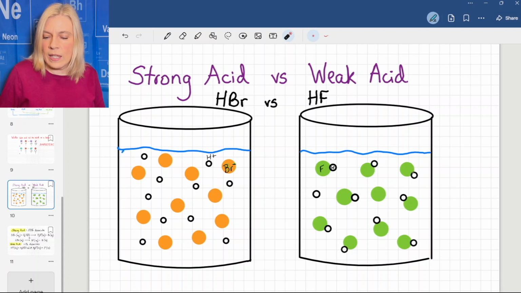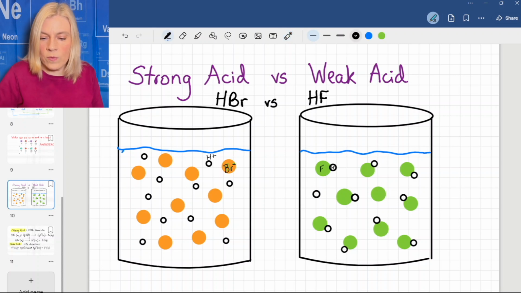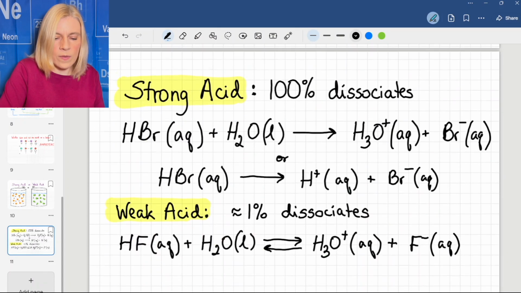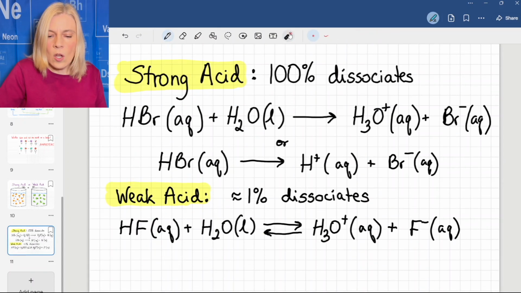The hydrogen and fluorine stay together. Then here we have one: here is our fluoride, F-, and here is H+ swimming. Very few break apart. So that's the definition. Strong acid, 100% dissociates. Weak acid, around 1% dissociates.